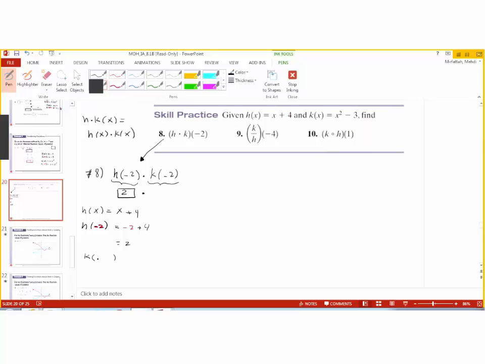It's x squared minus 3. So you start with k of x, which is x squared minus 3, and then you substitute minus 2 for each x in the k function. So what do you get if you do that?